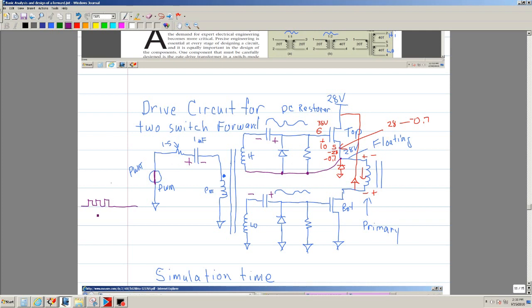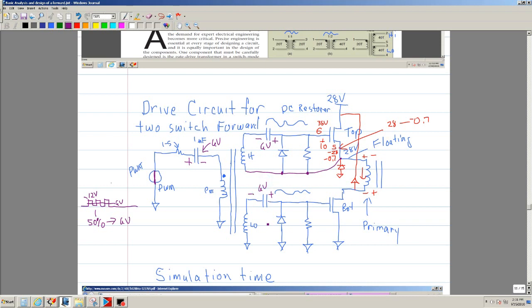If you've been running at 50% duty cycle, and let's say the peak, you were driving it with 12 volts, well, 12 volts at 50%, you're going to have an average of 6 volts. So these are charged with 6 volts average, which implies that this is also 6 volts average.